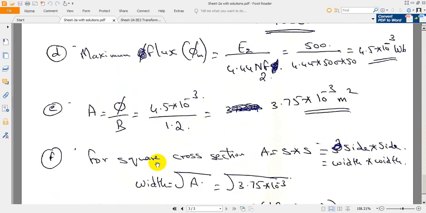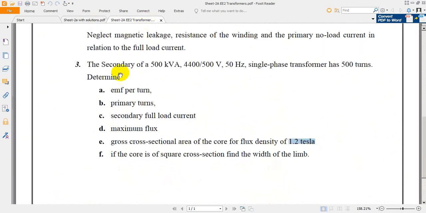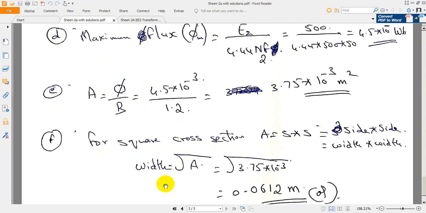The next parameter is for a core of square cross section area, find the width of the limb. We know the area, we need to find the thickness of the core. For a square cross sectional area, area is equal to side into side, or width into width.